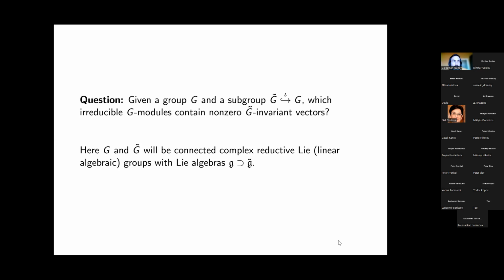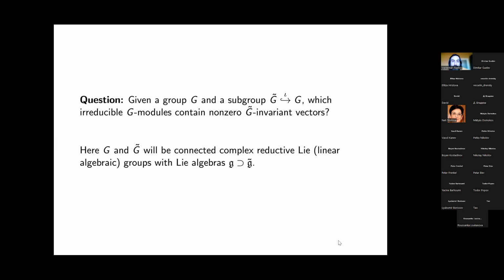For instance, if we have a group action on a manifold and then we take a point and the stabilizer subgroup of this point, we can ask about fixed points of this subgroup in some representations of the larger acting group.